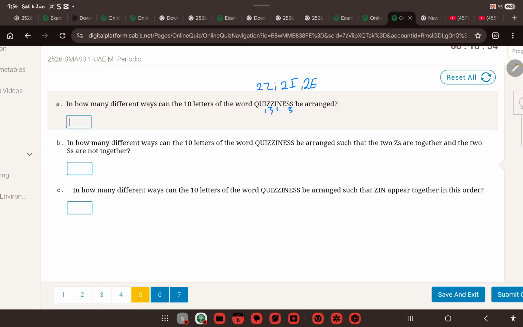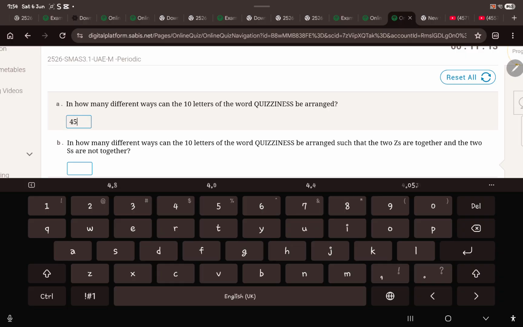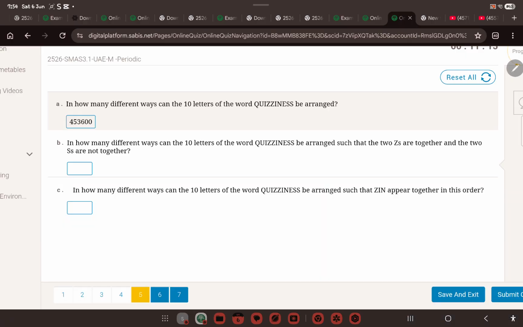So we have 6 repeating letters, so we can do 10 factorial divided by 2 factorial times 2 factorial times 2 factorial. You should get 453,600.